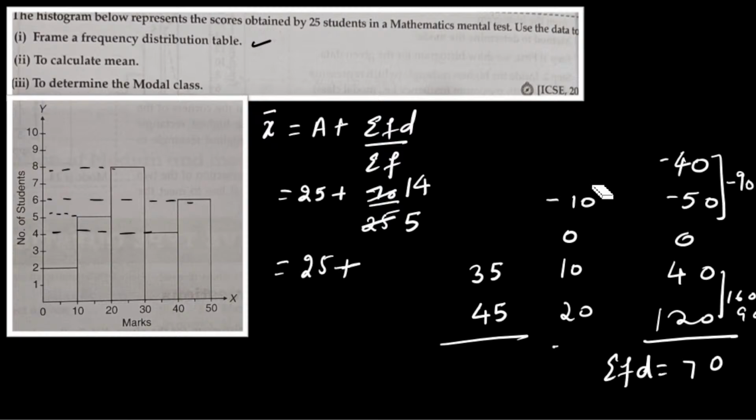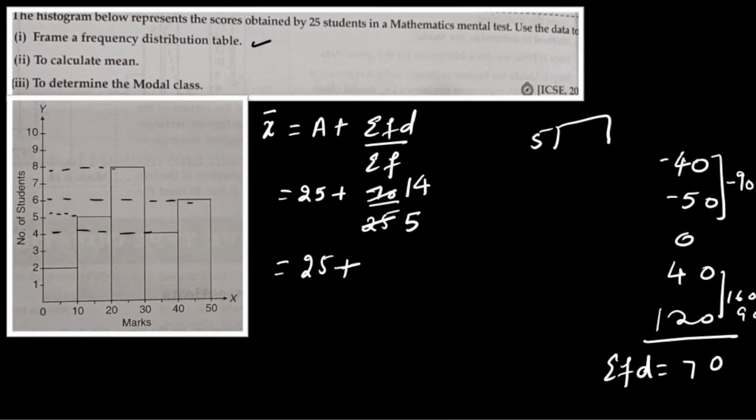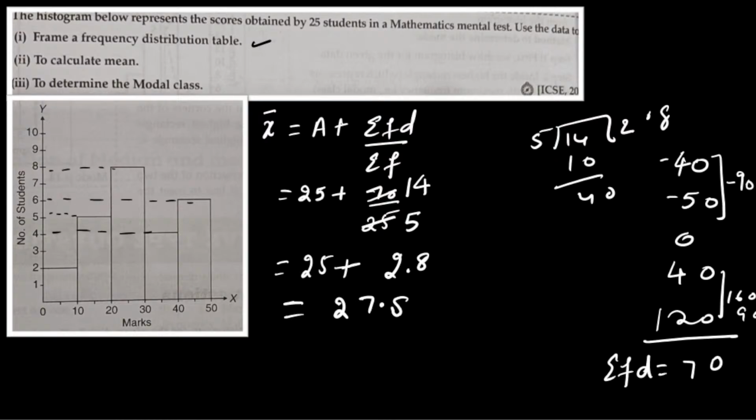Mean is 27. Okay, let's see. 14 divided by 5, 5 into 2 is 10, 2.8. So 27.8. Mean is equal to 27.8.